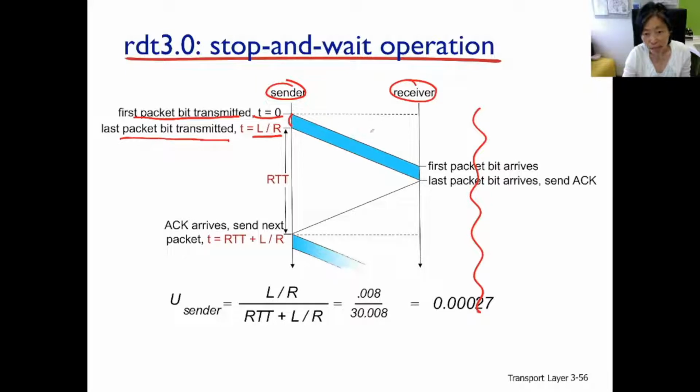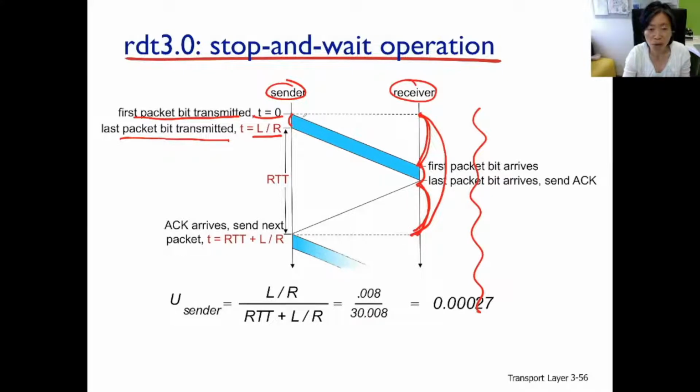These bits are going to travel halfway to the receiver and another halfway back to the sender. So the first packet bit arrives right here. This is the propagation delay, and this is also propagation delay. So 2 propagation delays plus L divided by R is one cycle.